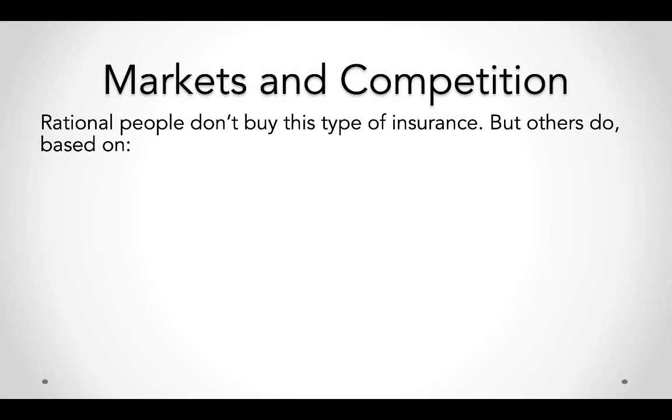Rational people do not buy this type of insurance, but others do, and maybe some of us have done it as well in the past. Why? Well, it's based on how System 1 reacts in that moment to different stimuli from outside. Some of the stimuli are friendly advice from the salesman.